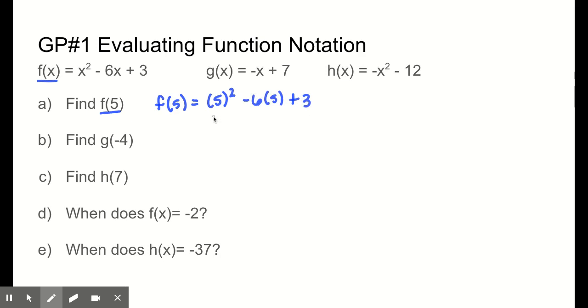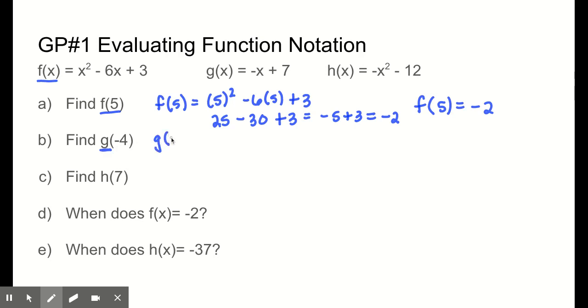And we simplify that. So that's 25 minus 30 plus 3, negative 5 plus 3, and that gives us negative 2. So f of 5 is equal to negative 2. For part B, we're looking to use function g, and we're given an x value of negative 4.